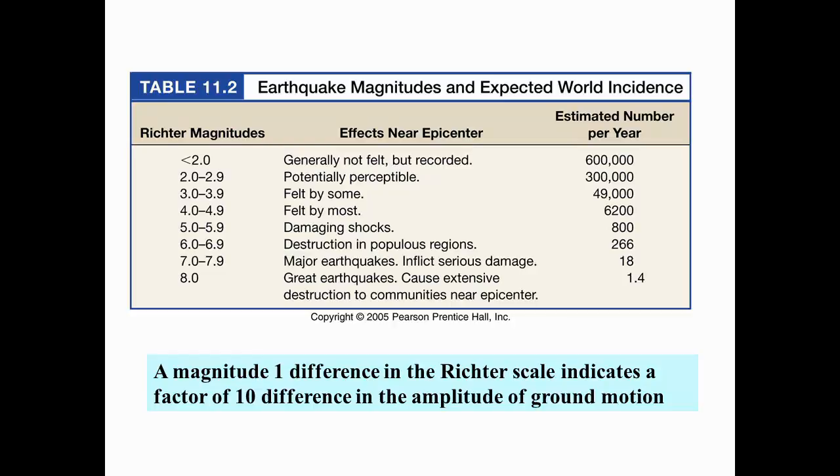And it's actually a logarithmic scale, which means that a magnitude 1 difference in the Richter scale indicates a factor of 10 difference in the overall amplitude of ground motion. So, for example, a magnitude 5 earthquake has 10 times the amplitude of a magnitude 4 earthquake. Okay?